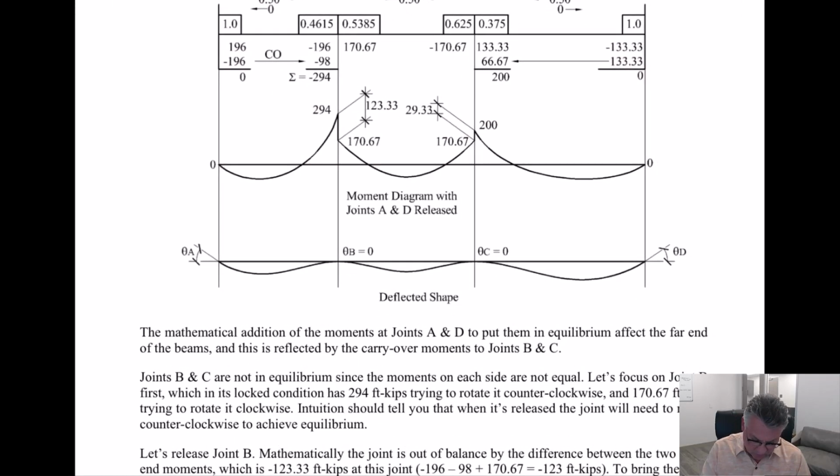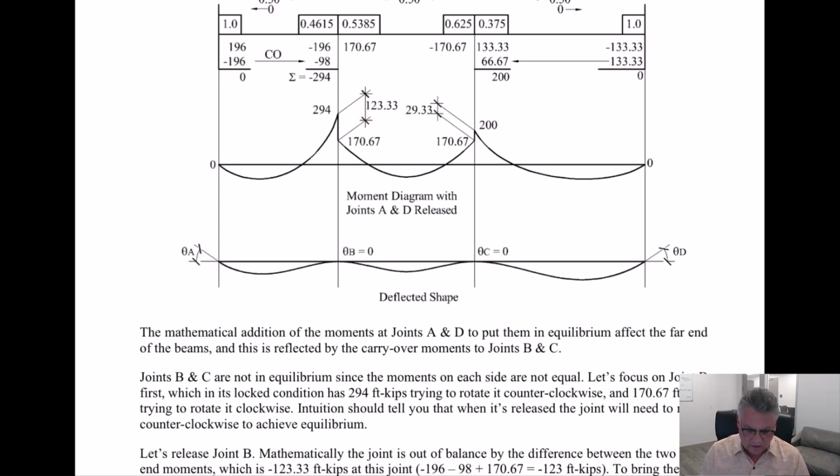So this is the current deflected shape. We have a rotation at each one of these ends, but we're still locked in the interior joints. So right now we have 294 foot kips trying to bend that way, and 170.67 foot kips trying to bend this way.